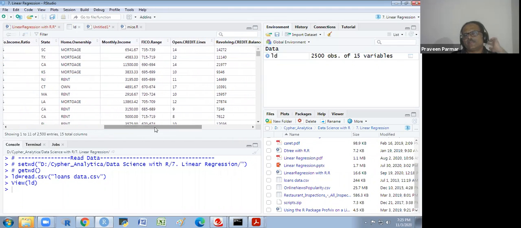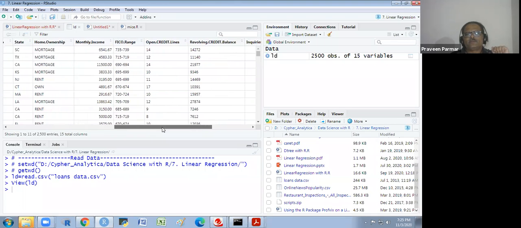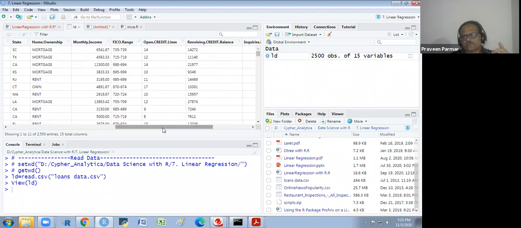FICO range is like our CIBIL score. That is the credit range here. Open credit lines: how many loans the person has, how many credit cards, domestic loans, home appliances loans, vehicles, and all these are the number of credit lines.